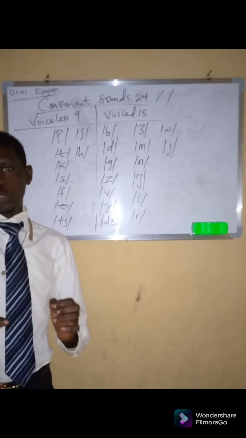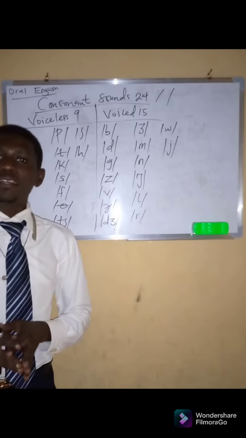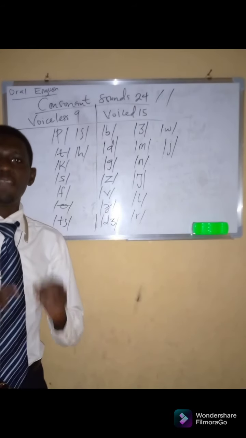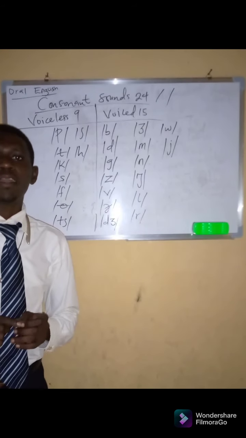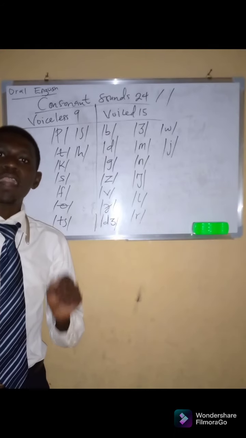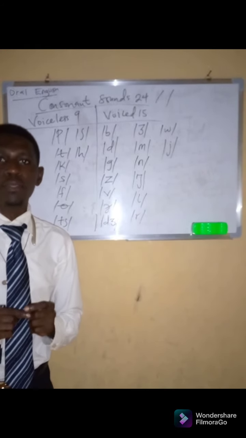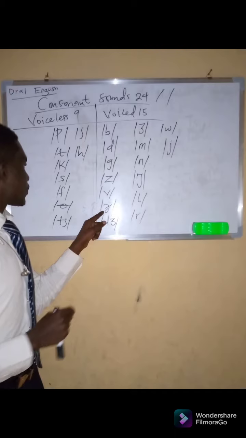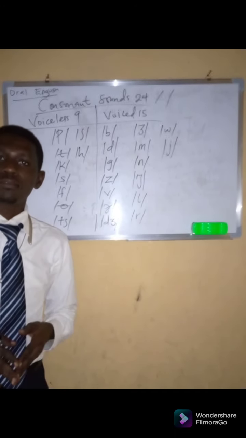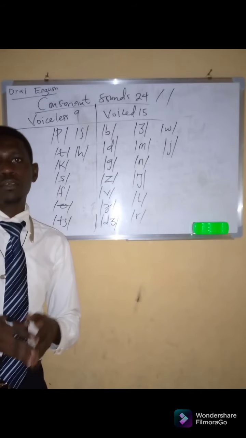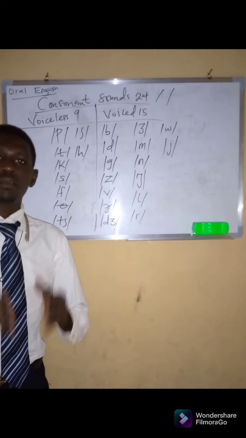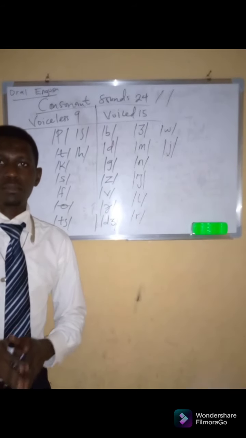V as in very, and revive, or five, not pipe, five. The as in father, mother, but father and mother.